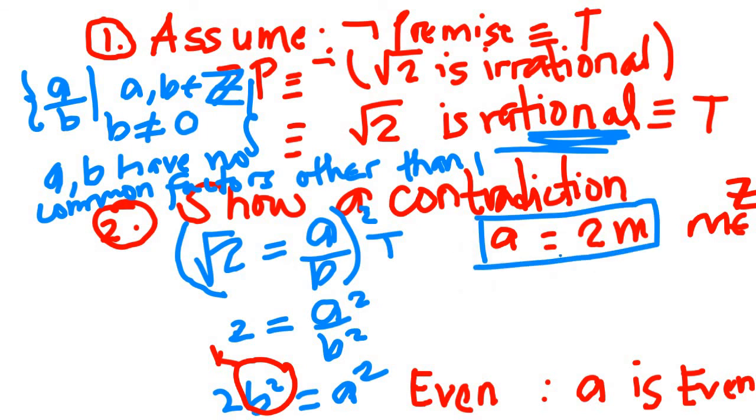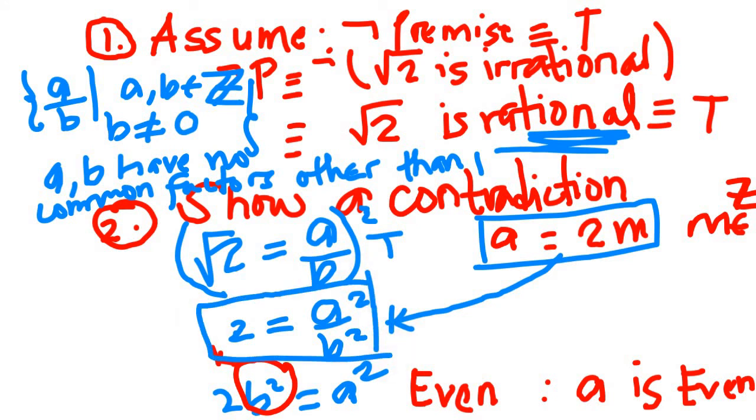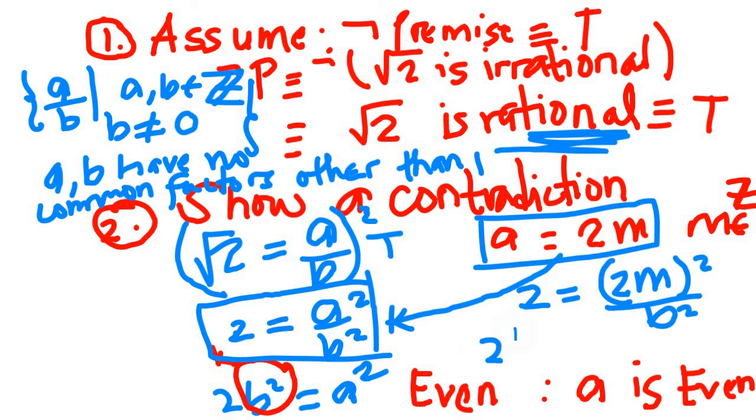If we substitute it back to the first statement, we have 2 equals 2m squared over b squared.